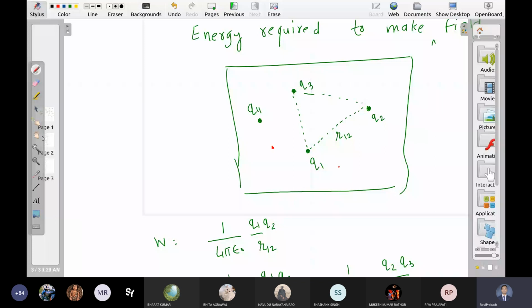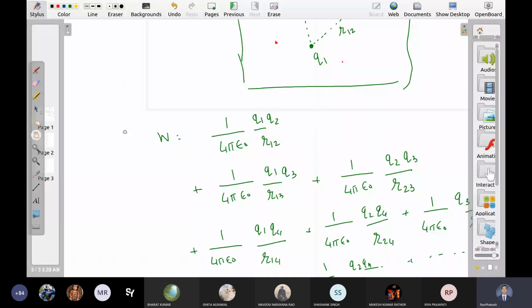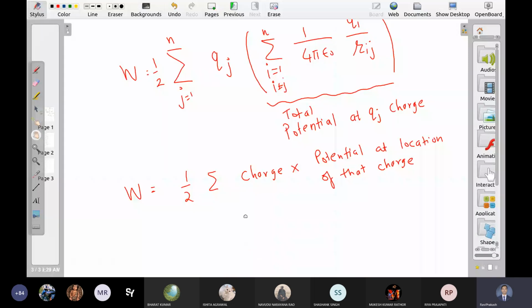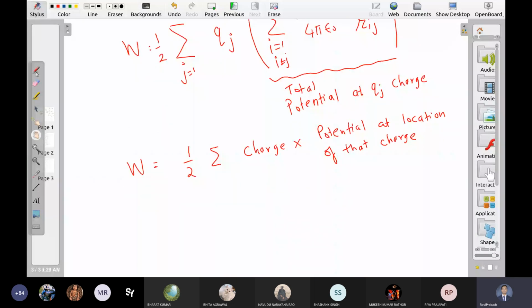Same. Only thing is that instead of summation, we will be having an integral now. W is equal to half integral, what is the charge? Some small charge dq into potential at that location.